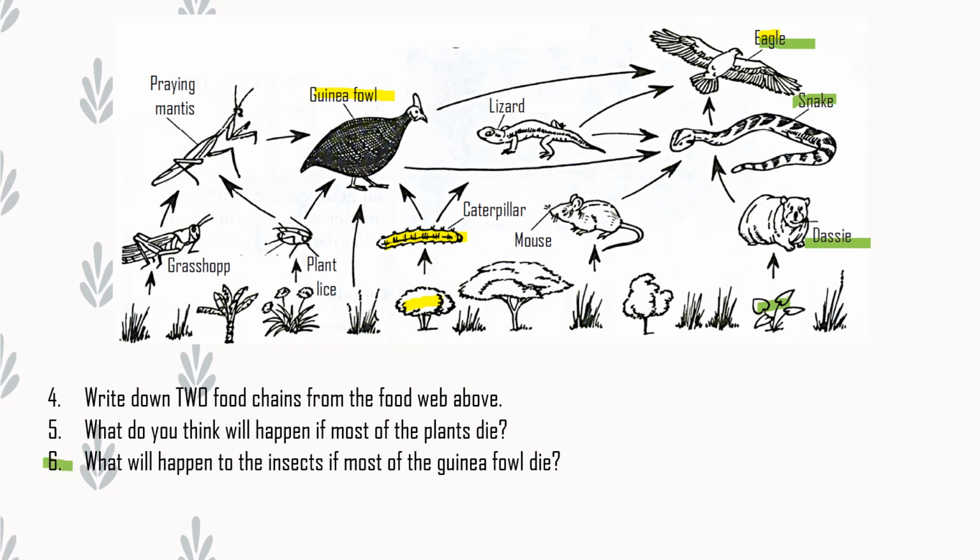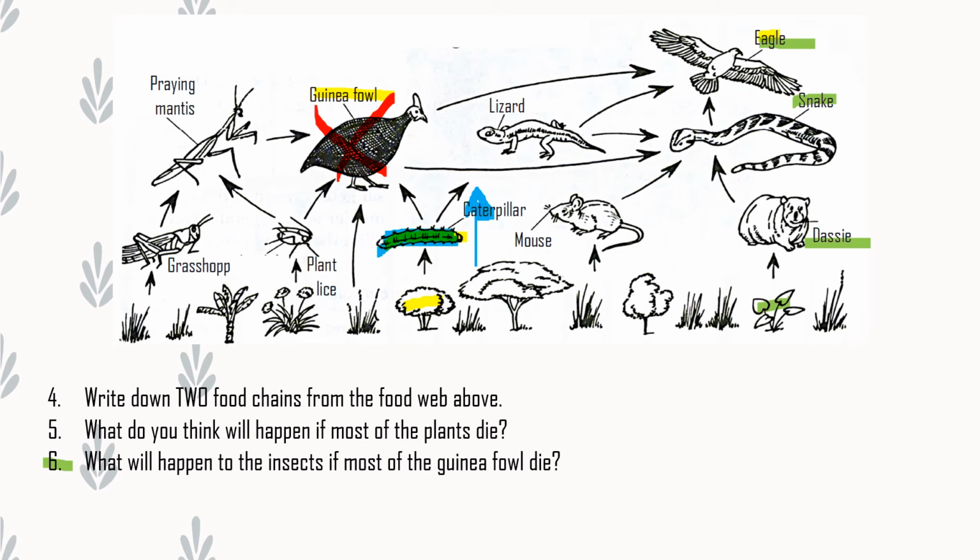Question 6. What will happen to the insects if most of the guinea fowls would die? So the guinea fowl is now dead, what would happen to the insects? Looking at the caterpillar, the guinea fowl will eat the caterpillar. So what would happen to the caterpillar if the guinea fowls can't eat them anymore? The caterpillars would increase in number.